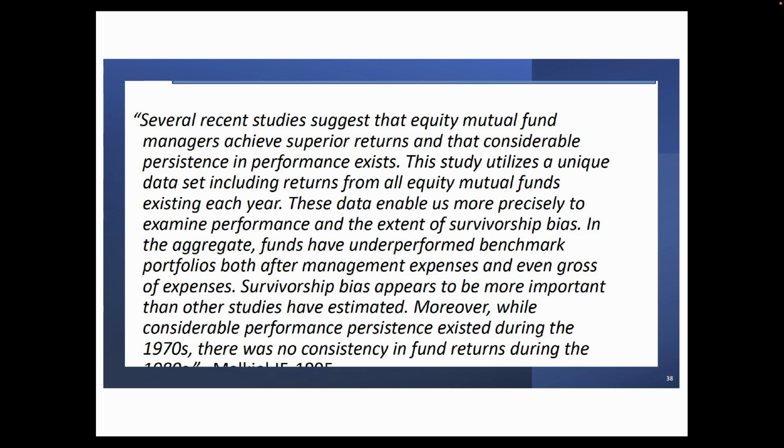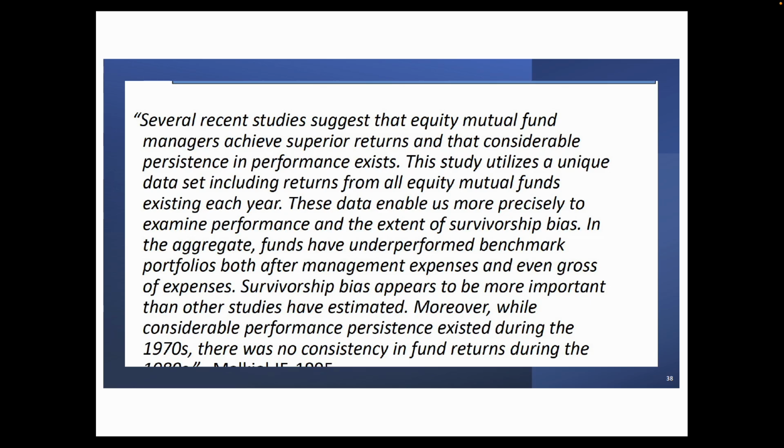Now, survivorship bias means the industry is really clever. They bring 10 funds out, 5 funds underperform, they take them out the next year. So the survivors remain. Right? And you are biasing your data set because you're looking at the survivors, but you want to look at the entire distribution of funds.